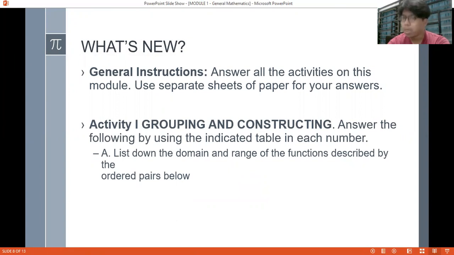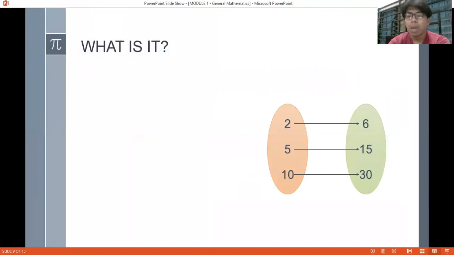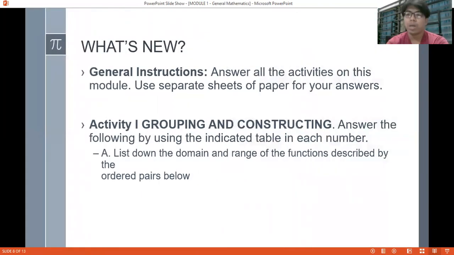List down the domain and range of the function described by the ordered pairs below. In your module, there is a table containing a set of ordered pairs, and you are going to identify which are the domain and range. After you finish those activities, I will give you 5 minutes to do that.